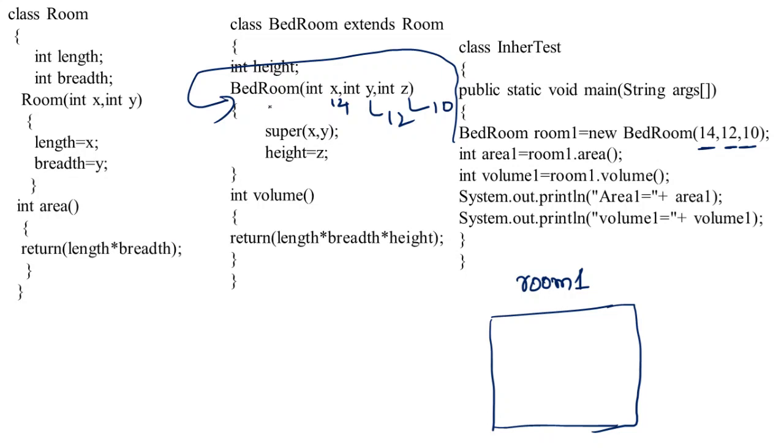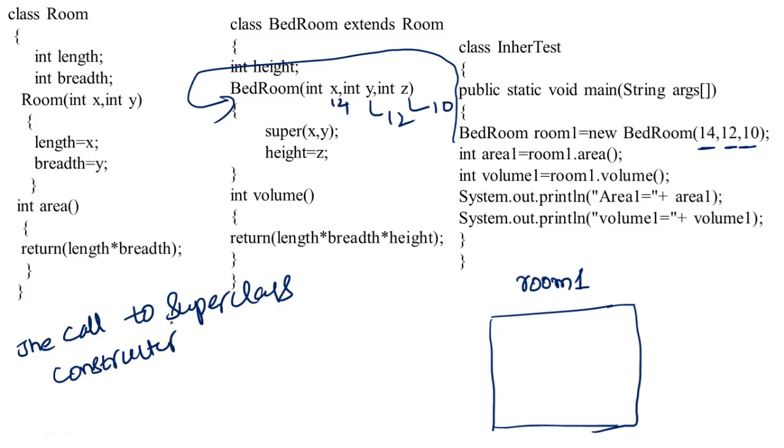Bedroom is the subclass constructor, so I can use the super method in it. The call to the superclass constructor must appear as the first statement. The call to superclass constructor.